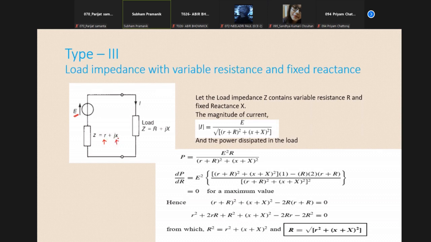This is the resistive part, this is the reactive part. Load impedance also has two components, capital R and capital X. If you want, you may write this as ZS, you may write this as XS. If you want, you may write this as R.